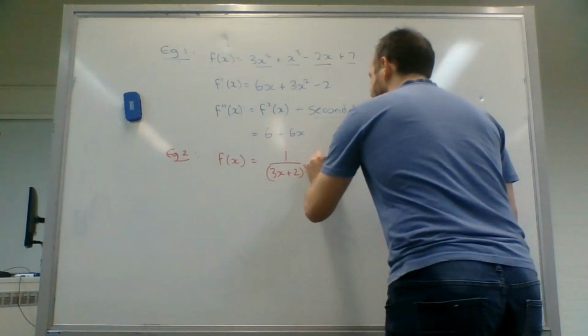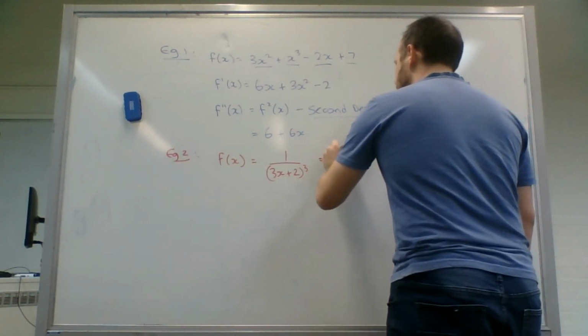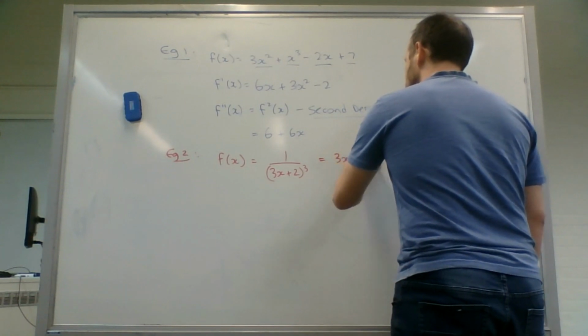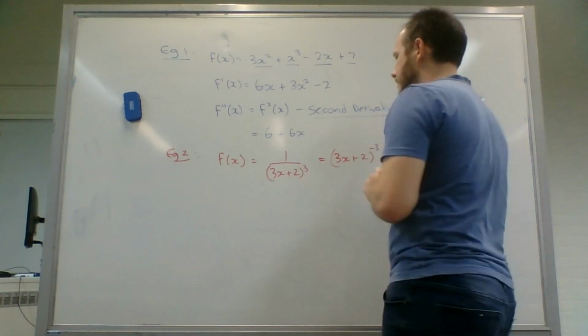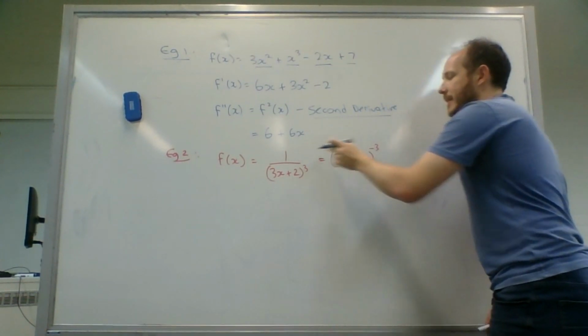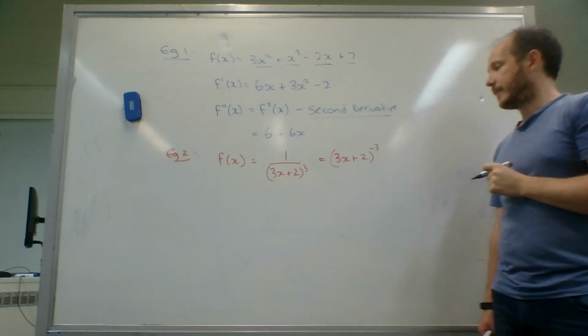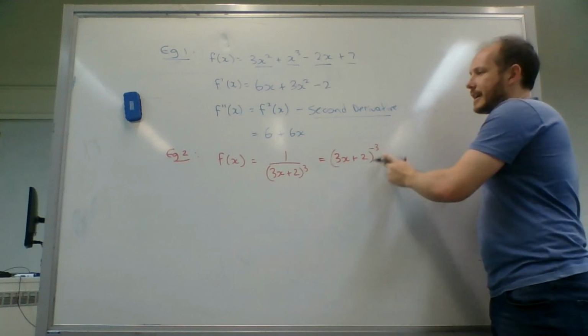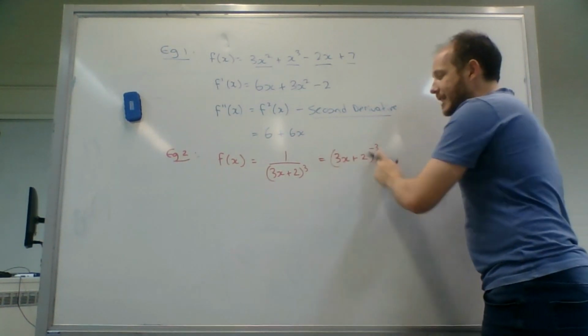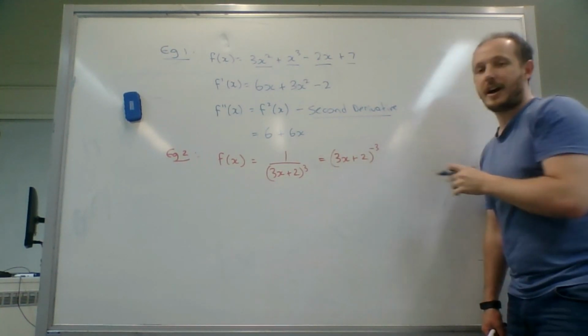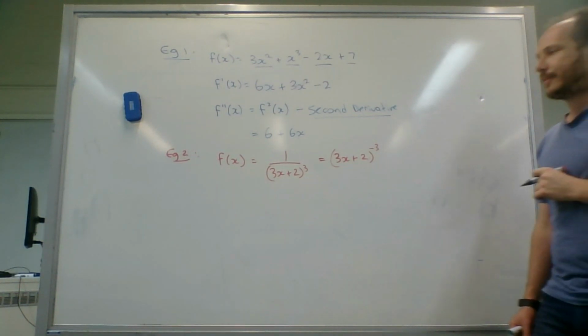So I would write this as 3x plus 2 to the minus 3. Remember, when we bring something up to the top line, the power is multiplied by minus 1. Now, I should say, we haven't taken the derivative here, we've just simplified the function into a different form.